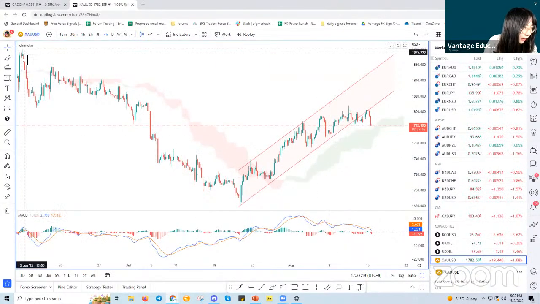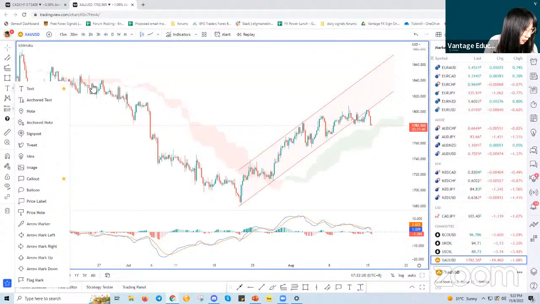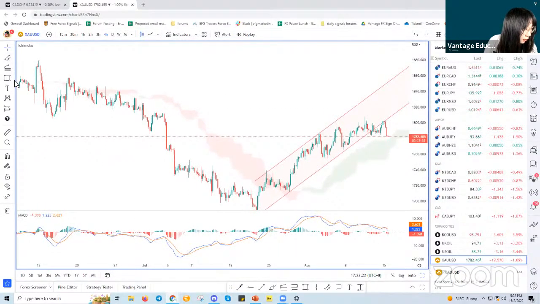For a valid channel, there should be two touches.